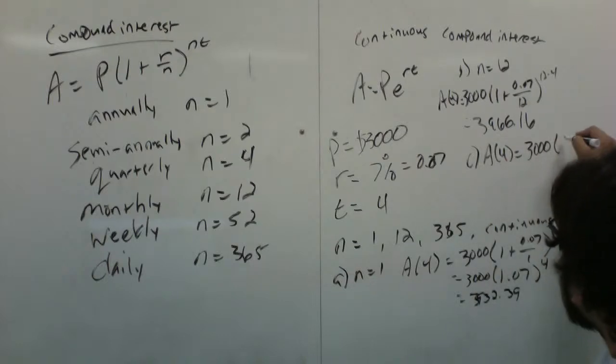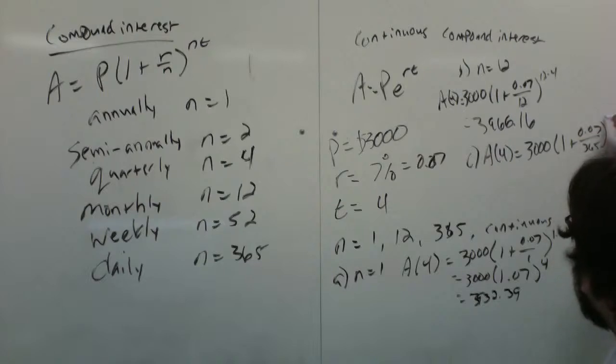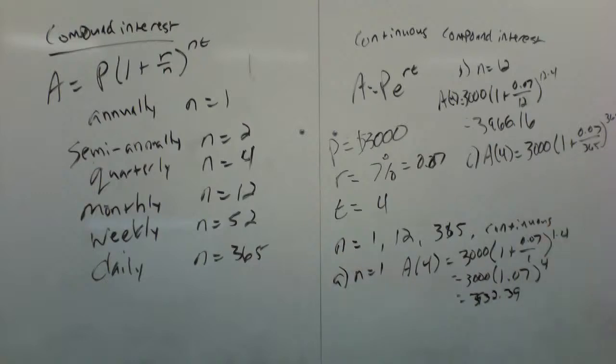All right. I'm going to do the same thing again for daily. 3,000 times 1 plus 0.07 over 365, to the 365 times 4. So 365 times 4, that's 1460. I'm going to have to remember that.